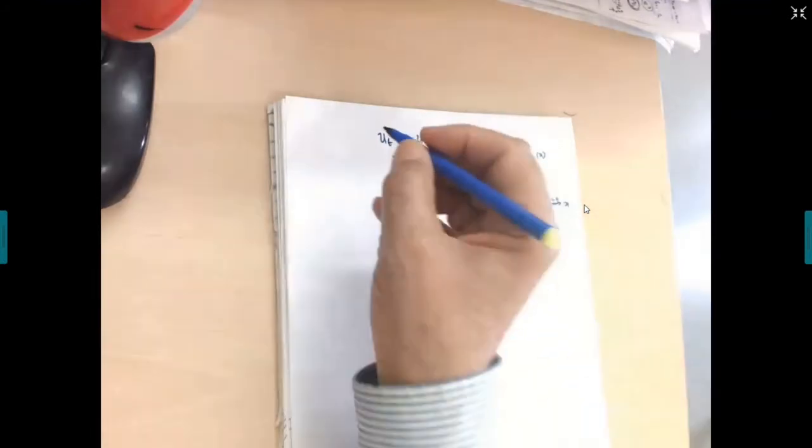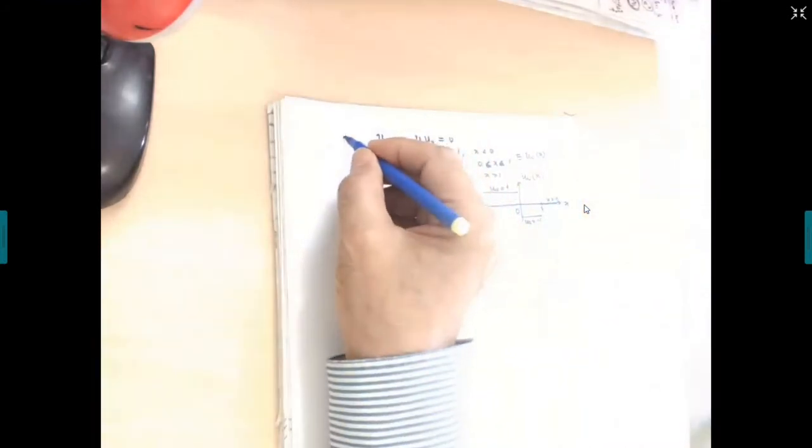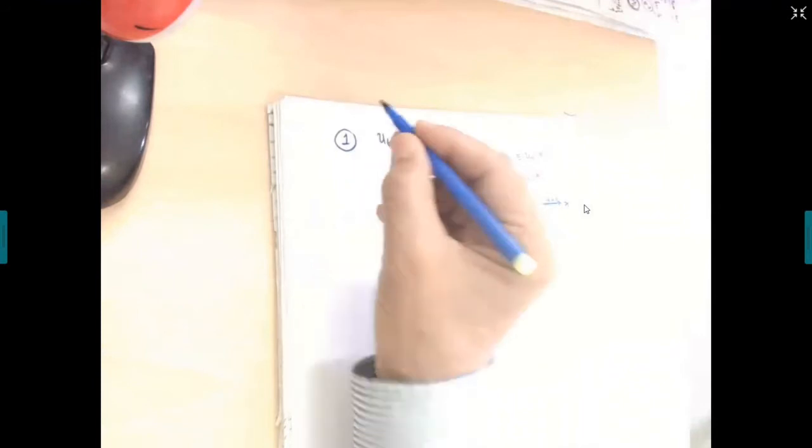This is the problem which I have to solve. Participants, can you hear me? Am I audible? Yes, sir. So just answer the question. You have to guide me and tell me how to proceed.